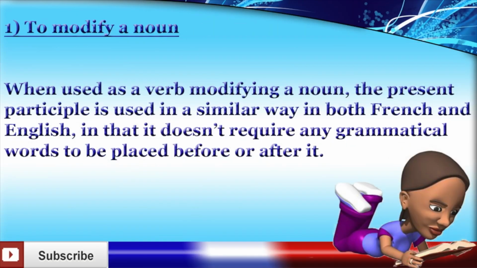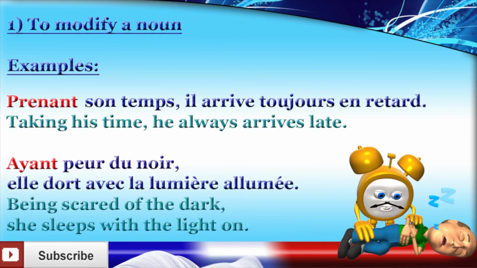When modifying a noun, the present participle is used in a similar way in both French and English, in that it doesn't require any grammatical words to be placed before or after it. So, for example, prenant son temps, taking his time, il arrive toujours en retard.